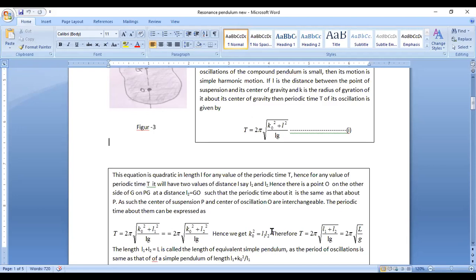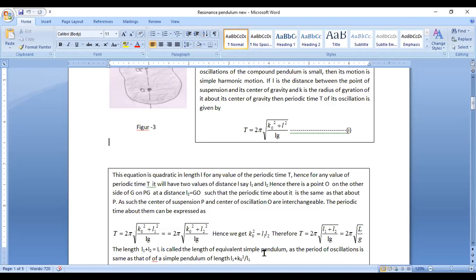And you can see that if you put K0 square as L1 L2, you get T equal to 2 pi under root of (L1 plus L2) upon G. And if you solve this, L1 plus L2 is known as capital L, and capital L is called the length of the equivalent simple pendulum.